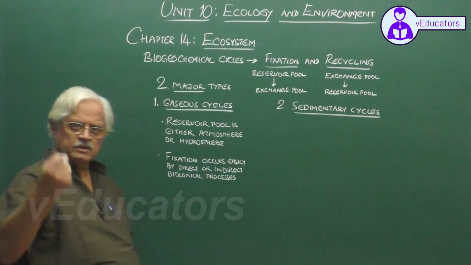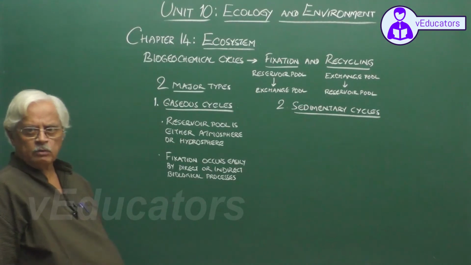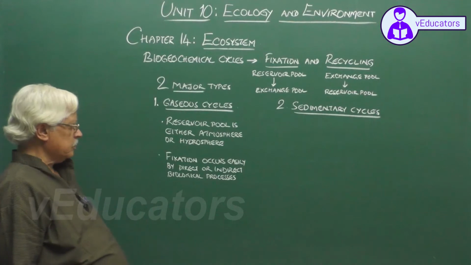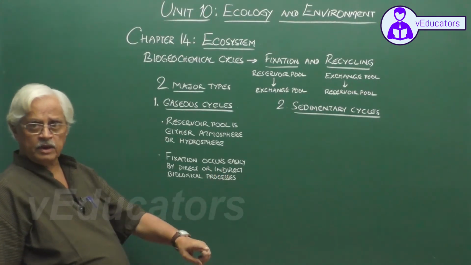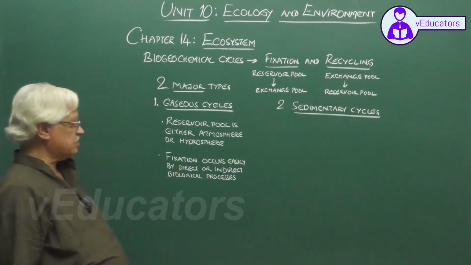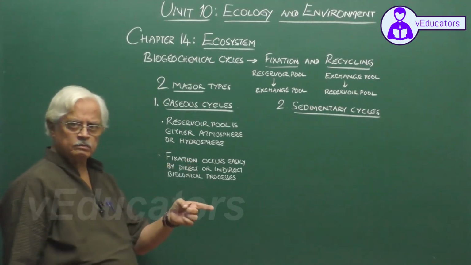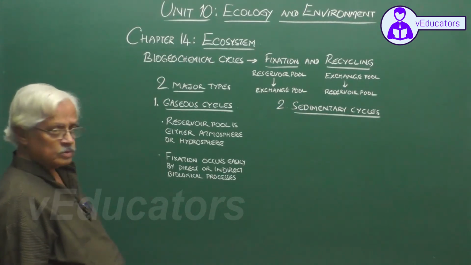Carbon is directly fixed by green plants in the form of carbon dioxide or in the form of carbonates. Nitrogen is fixed indirectly by nitrogen fixing bacteria or blue-green algae, and from there to plants. Of course, fixation may also involve some non-biological processes also.